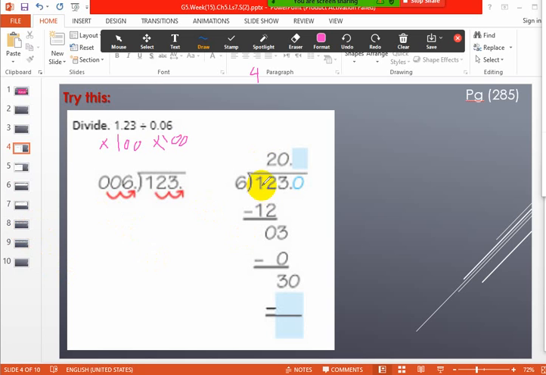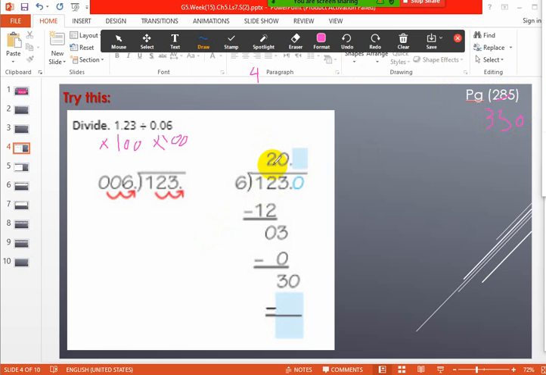So I have to divide 12 by 6. First thing, 12 divided by 6 equals 2. Now if you multiply 2 by 6 equals 12. This is on page 330, not on this page. It's 330, girls.